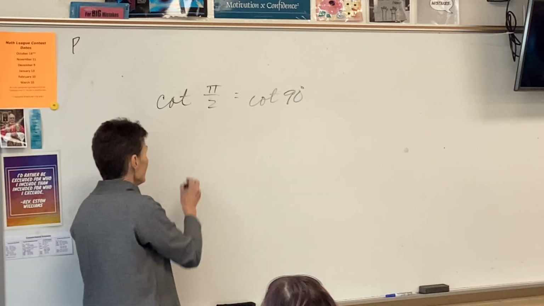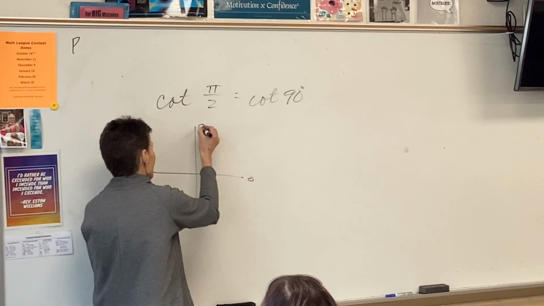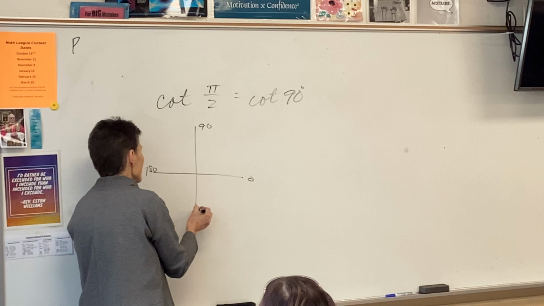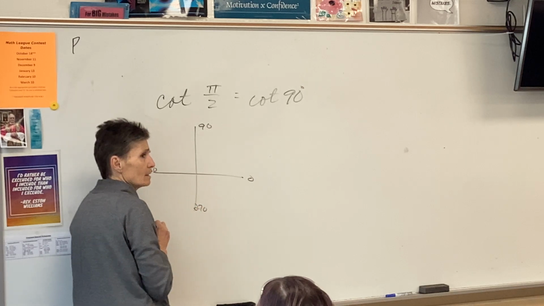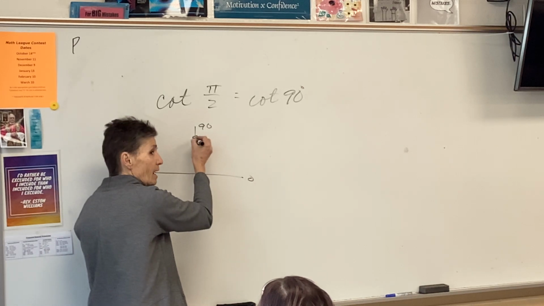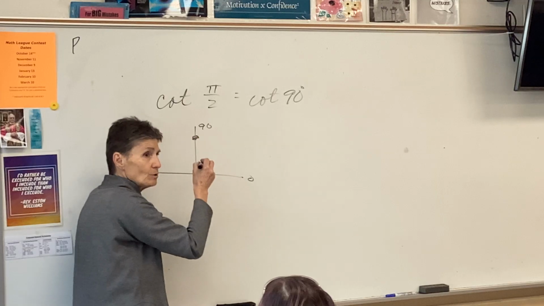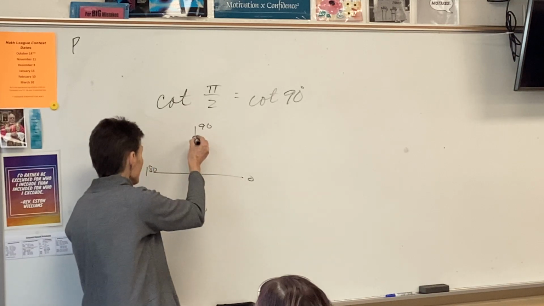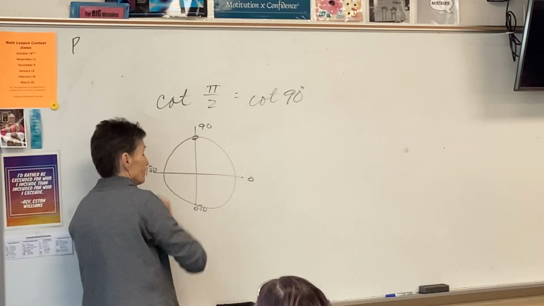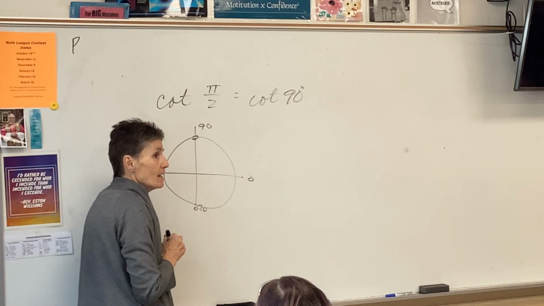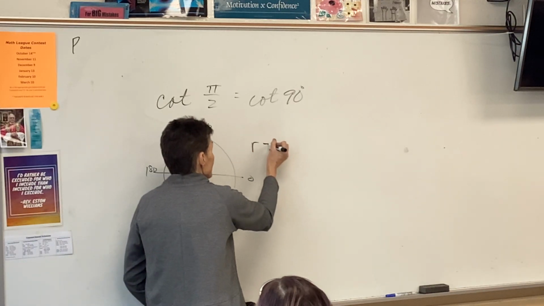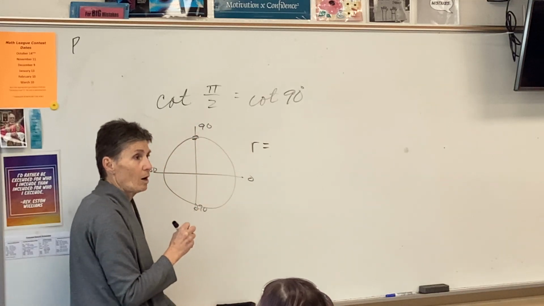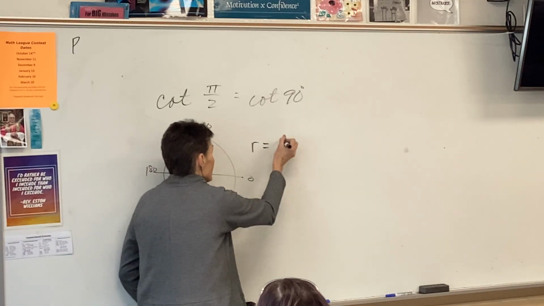Here's my setup, right? What about 90? 90 is on the line. And what do I do when it's on the line? Draw a circle. And what is the radius of the circle that I draw? 1.